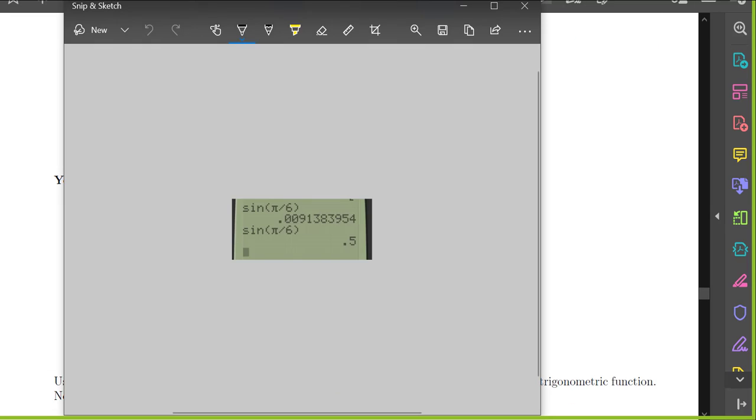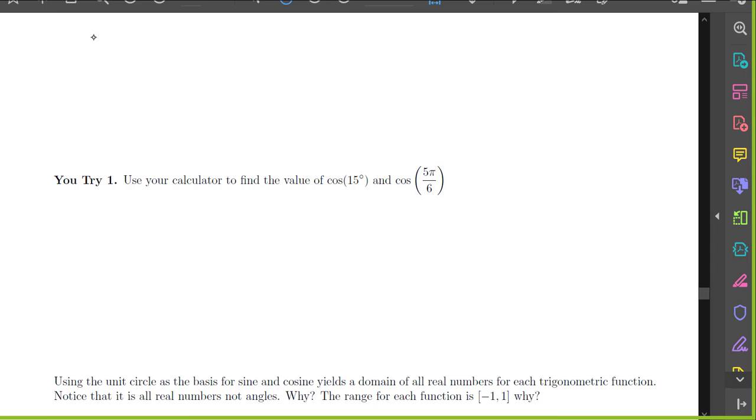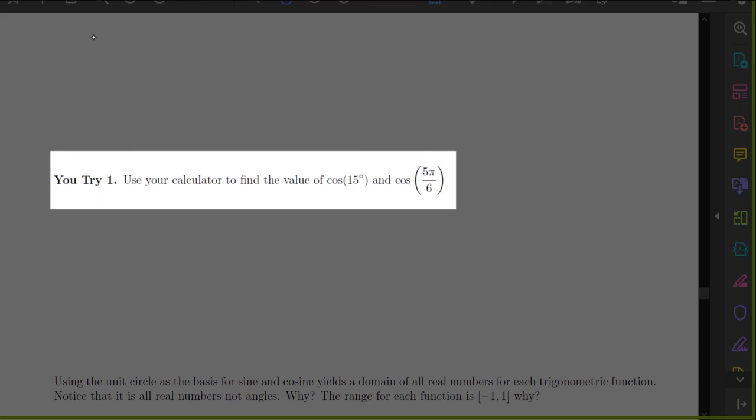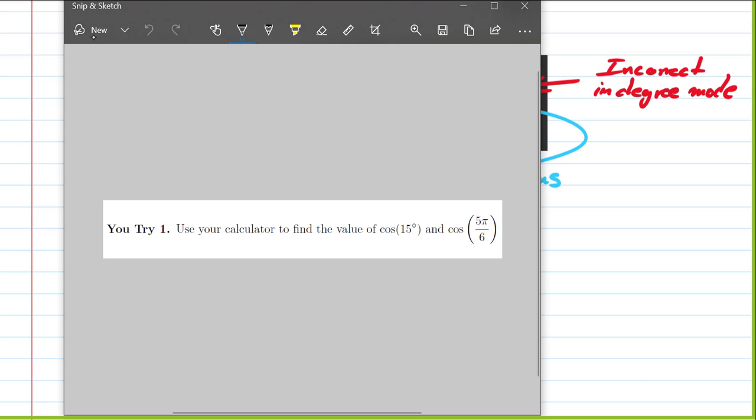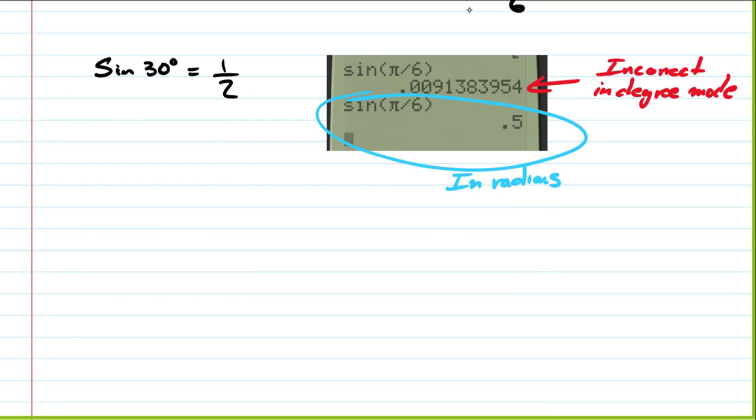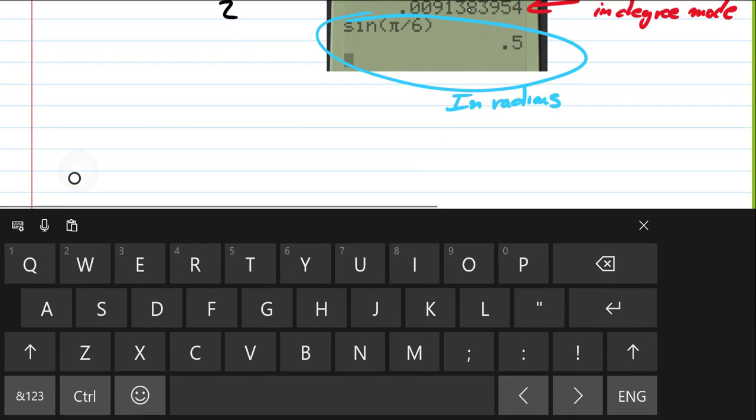All right, so it's now your turn. I would like you to find the cosine of 15 degrees and the cosine of 5 pi over 6.